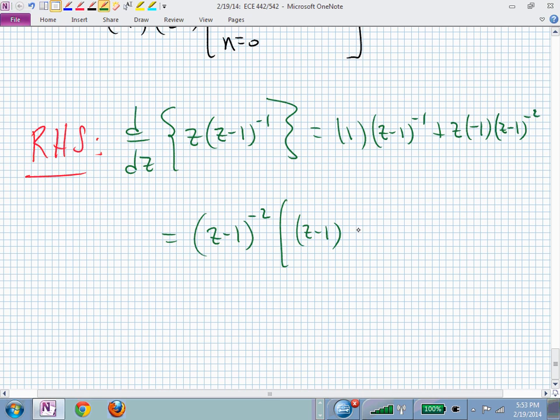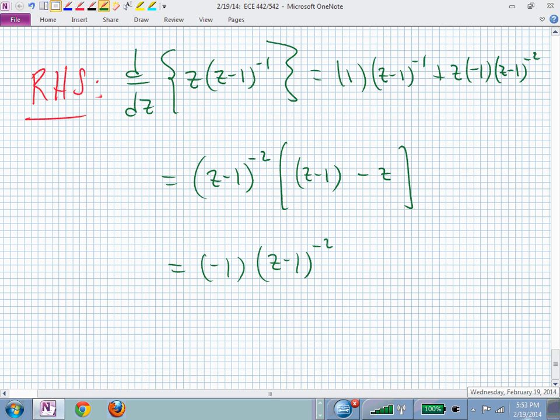And over here I now have a minus z from the second term. But in the brackets I have z minus z. That's nice. And so now I have this minus 1 times z to the minus 1 raised to the minus 2 power.